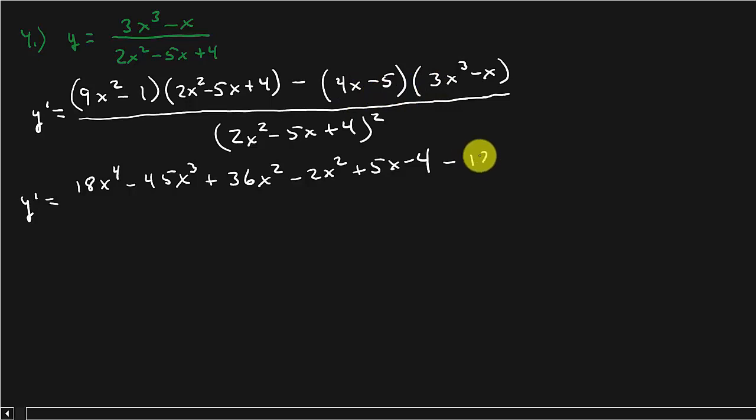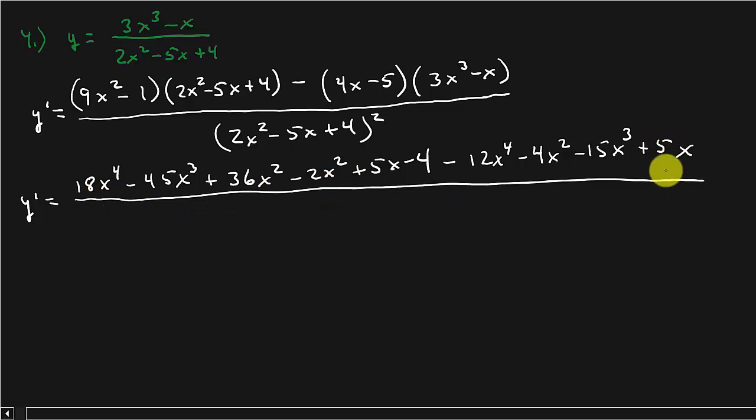That's going to be 12x to the fourth minus 4x squared minus 15x cubed plus 5x. And that's all over the denominator squared.